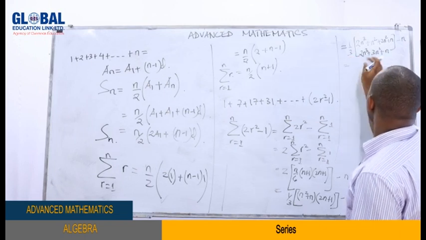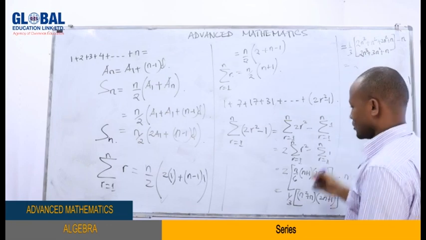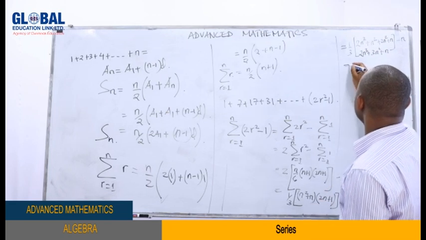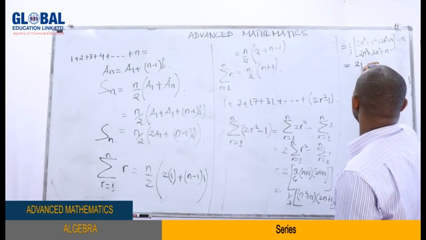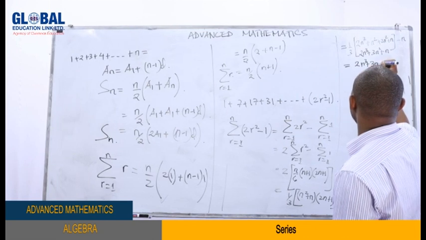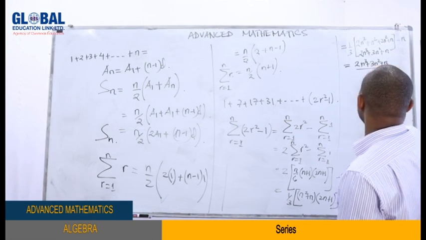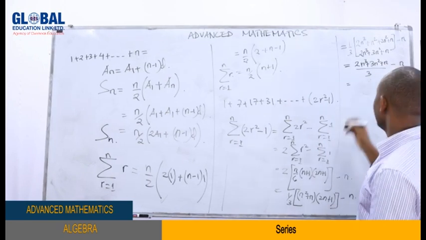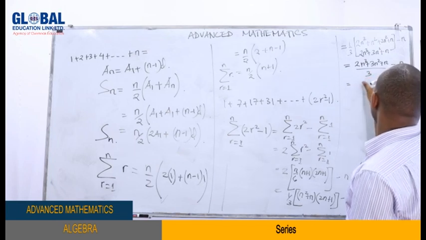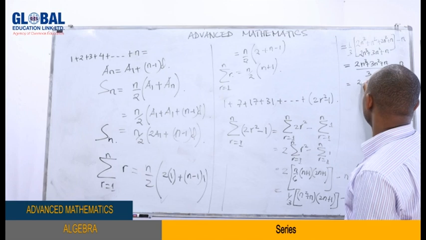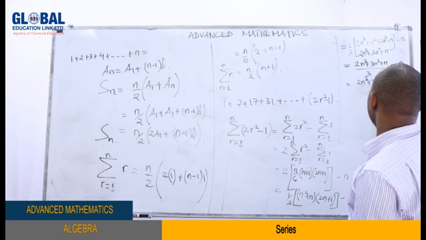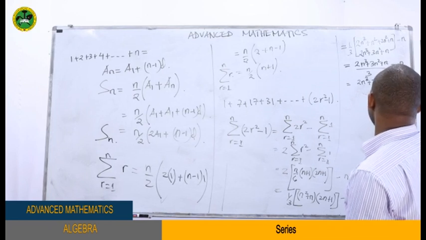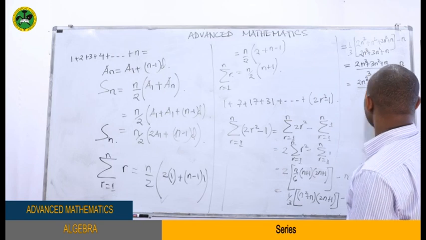That means if we write like this, that equals to what? 2n cubed plus 3n square plus n, all of this is over 3, minus n. Then this equals to what? If we try to add those fractions, it will be equal to 2n raised to 3 plus 3n square plus n minus 3n, over 3.